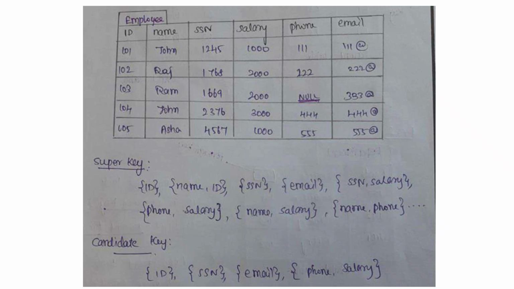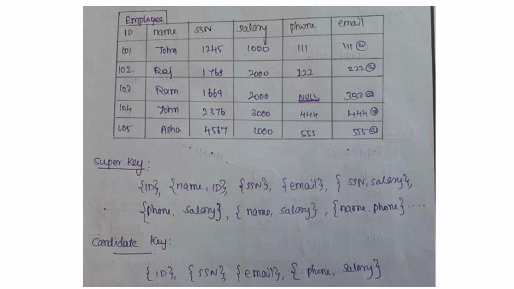ID, SSN and email are already chosen for the candidate key. Next: name, phone, salary. ID is there, SSN is there. Name, salary, phone are missing. So you have to check whether any single attribute is a super key or any combinations.